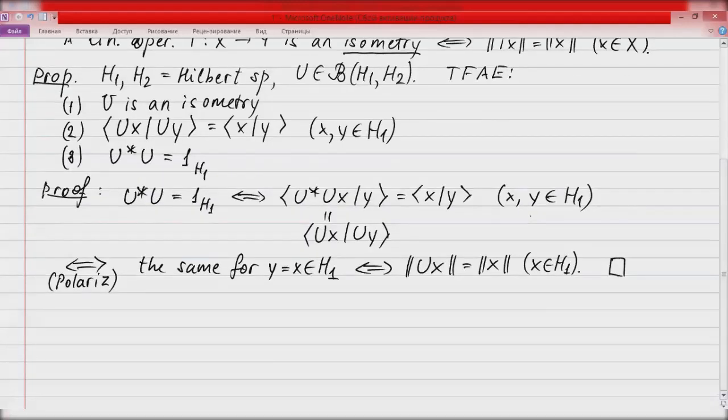Let's now look at co-isometries. So the definition is as follows.